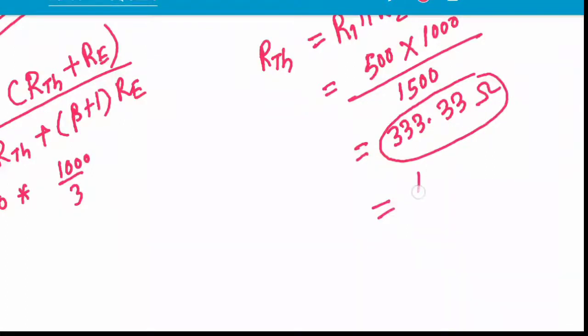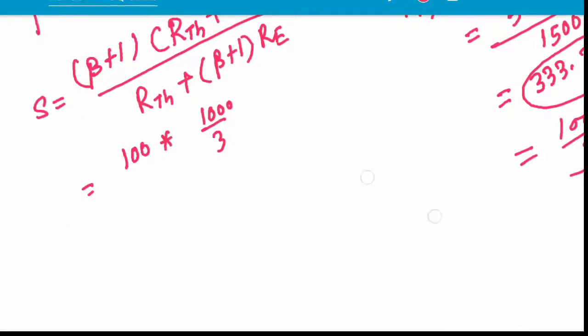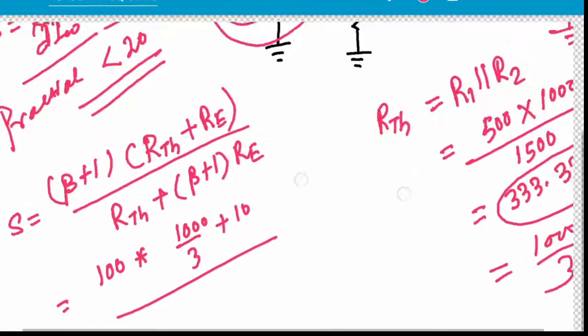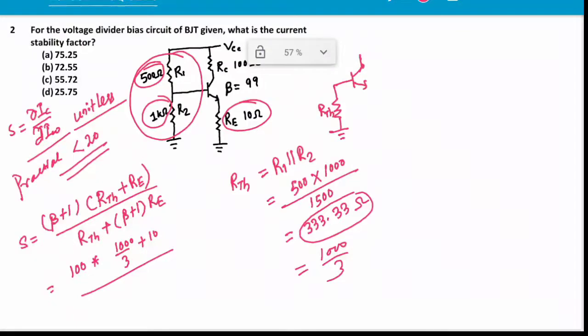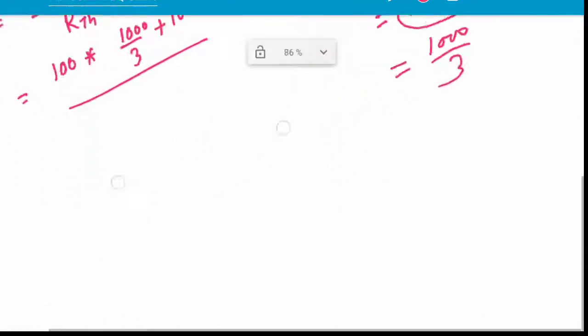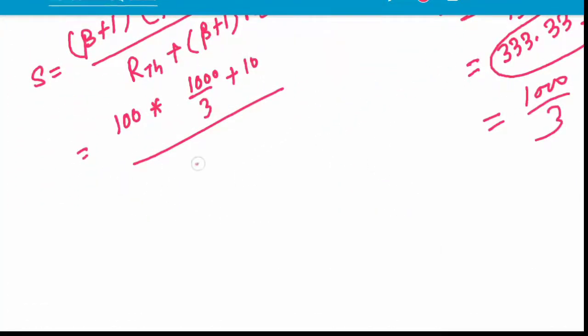This is also 1000 by 3. 1000 by 3 plus 10, 10 is RE, by RTH, that is 1000 by 3 plus 1000, and this will be around 25.75.